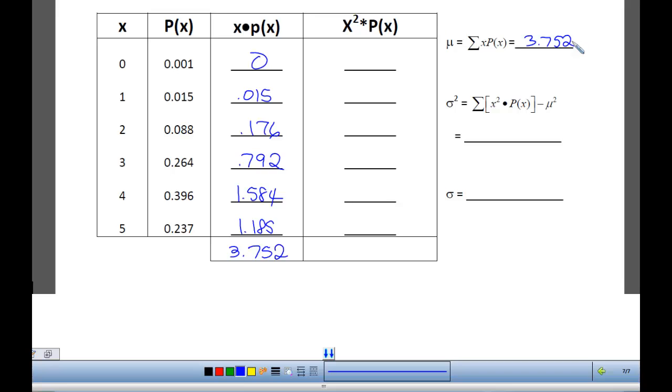So let's think about what that means. Remember, the mean is still a measure of the center, right? So when we look at these probabilities, where would you say the center might be? Between what two numbers? 2 and 3. We hardly have 0.1 between these parts.